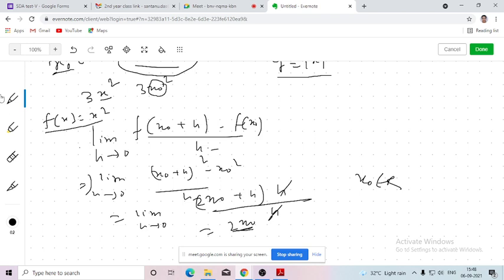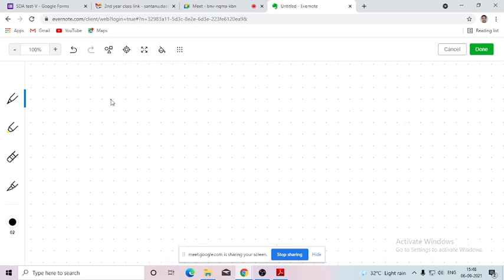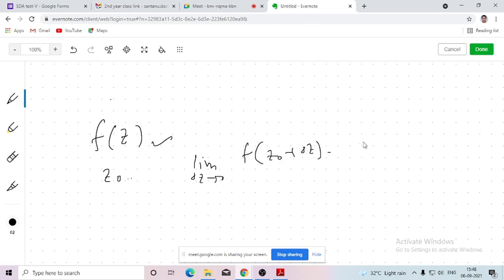Yes. But this is possible for a function of a complex variable, and this concept is defined or denoted as an analytic function. Say, for example, I am taking a function of a complex variable f of z. Now a point z0 is given, and if you are asked to check whether this function is differentiable at z0 or not, you can use this formula: limit del z tends to 0, f of z0 plus del z minus f of z0 by del z.